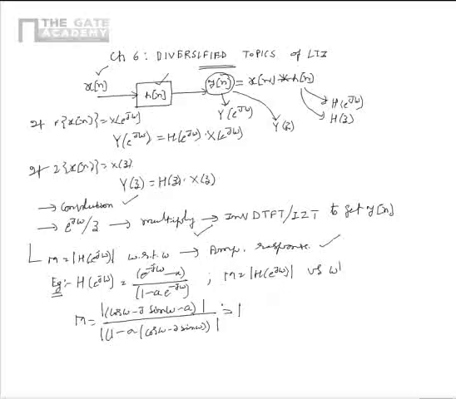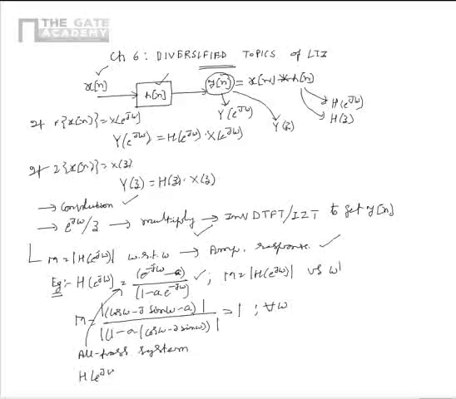So from this we see that the given system H of e power j omega has a magnitude of 1 for every omega. From this we see that the system is an all pass system as it passes all the frequencies.